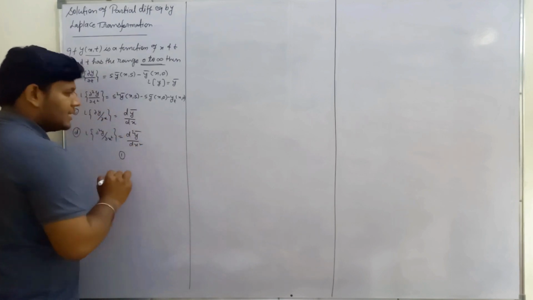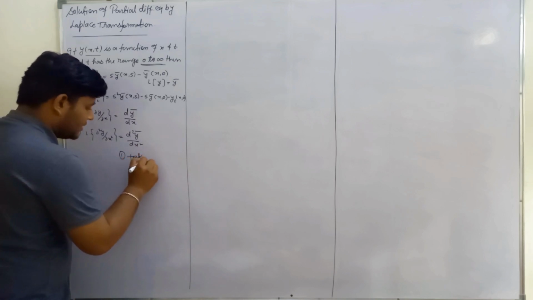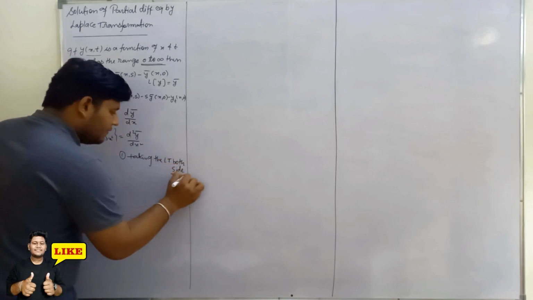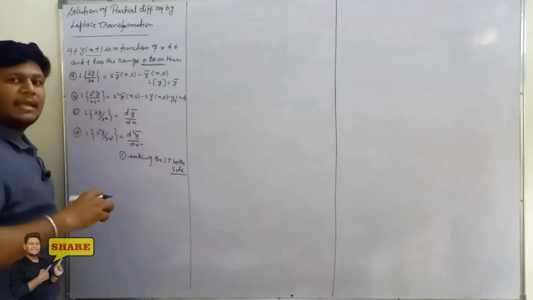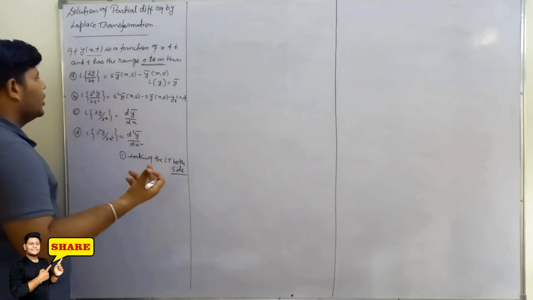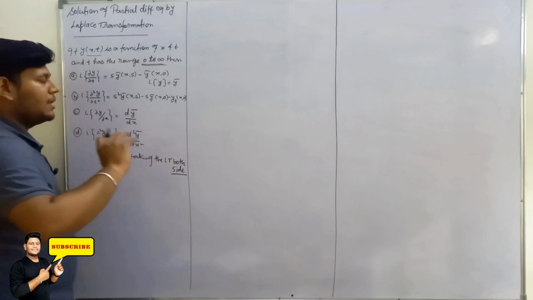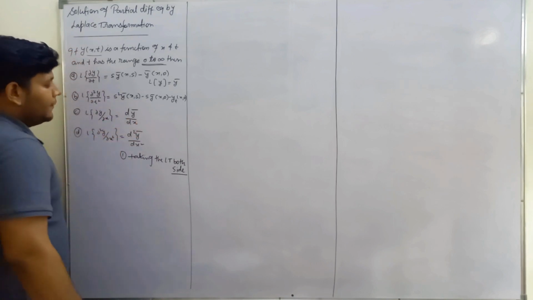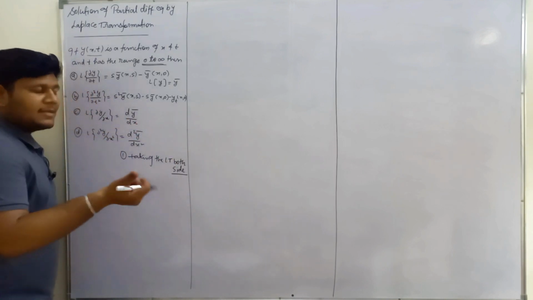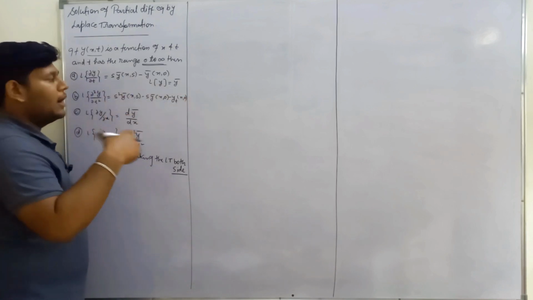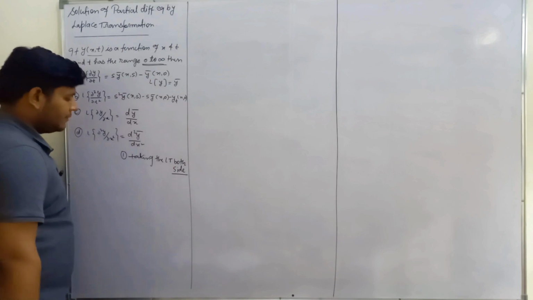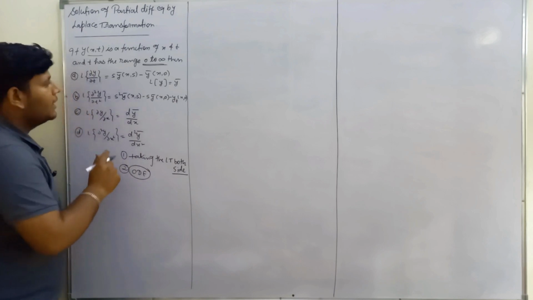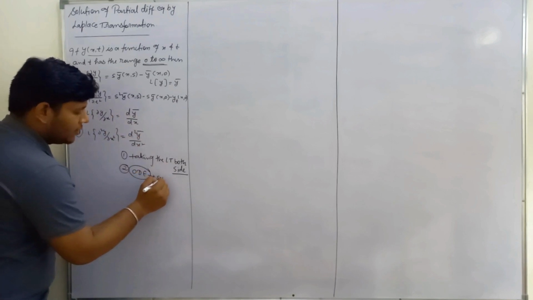First of all, the first step to solve the partial differential equation is taking the Laplace transform on both sides. Now if I'm taking the Laplace transform, there will be terms dou y by dou t, dou 2y by dou t square, and I will prove how the Laplace transform of these terms equals this. The second step is that you will get an ordinary differential equation, and you solve that ordinary differential equation.